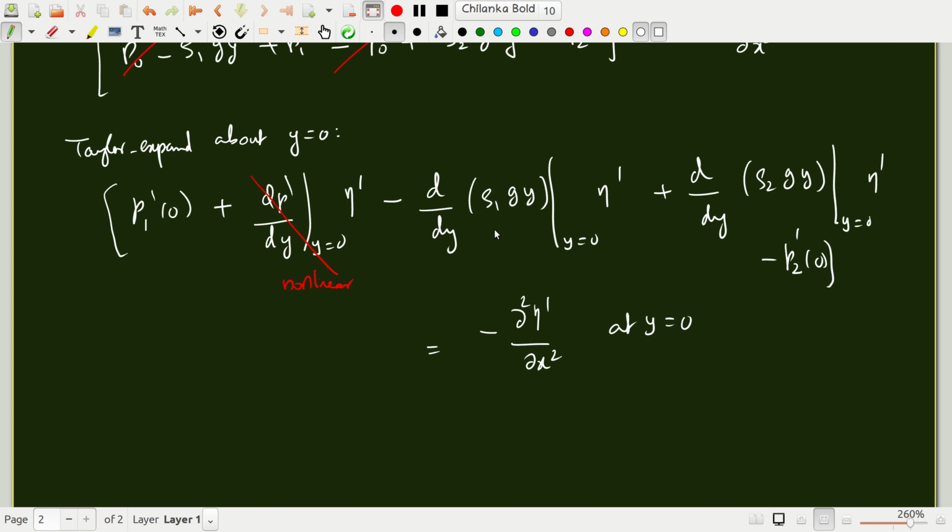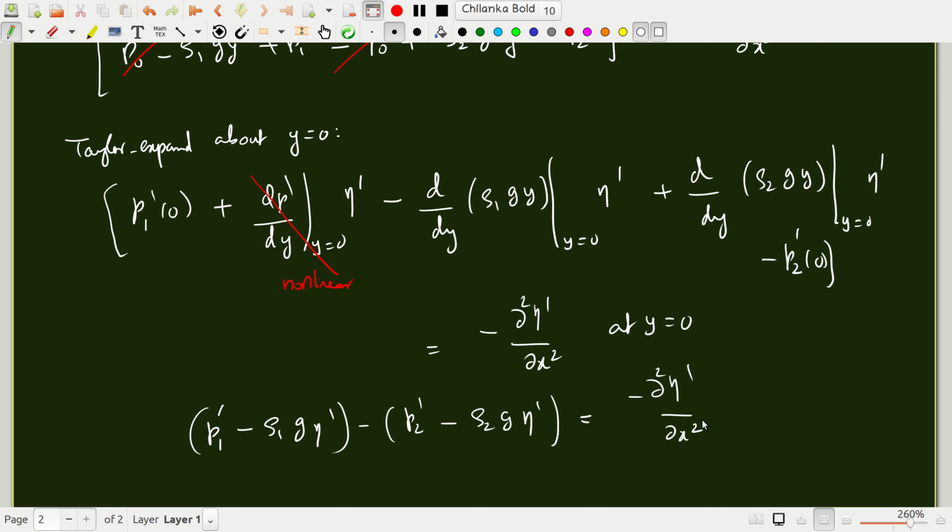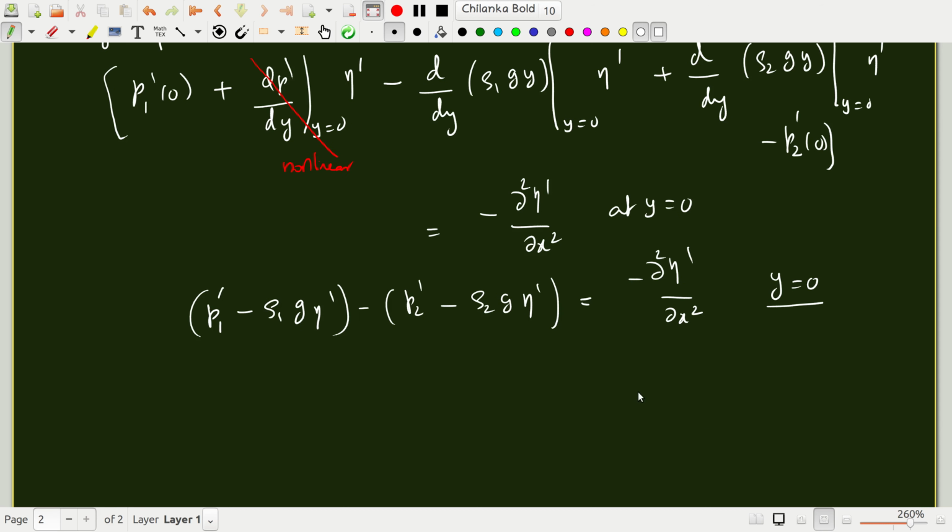Now the derivative of this is simply minus rho 1 g, this is rho 2 g, and so what you will have is P1 prime minus rho 1 g eta prime minus P2 prime minus rho 2 g eta prime is equal to minus partial squared eta prime by partial x squared. This is now evaluated at y equal to 0 because we have Taylor expanded and linearized.